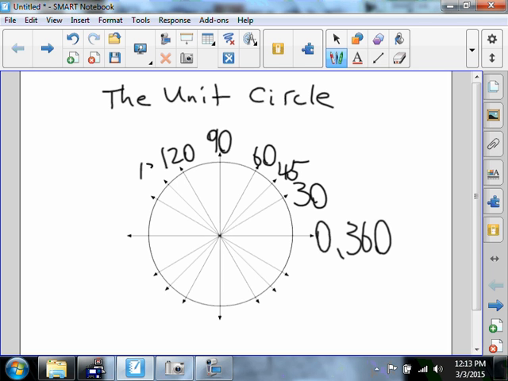So notice that 0 and 360 are coterminal with one another, and then moving around through the first quadrant, we've got 30 degrees, 45 degrees, 60 degrees, 90 degrees, 120 degrees, 135 degrees, 150 degrees, 180 degrees, 210 degrees. And we're making our way on around the circle.